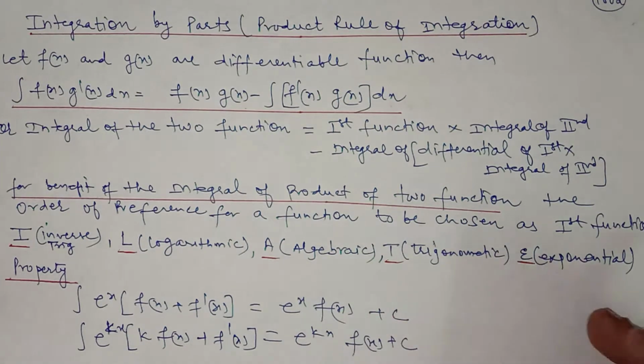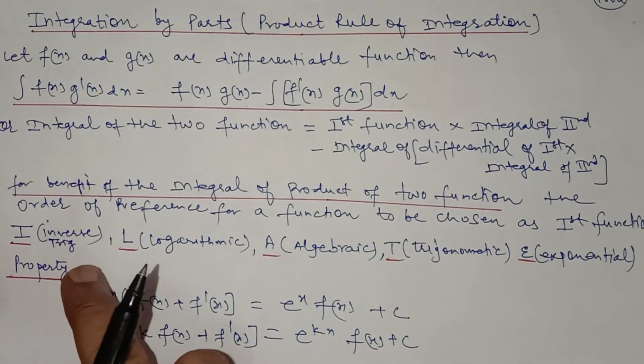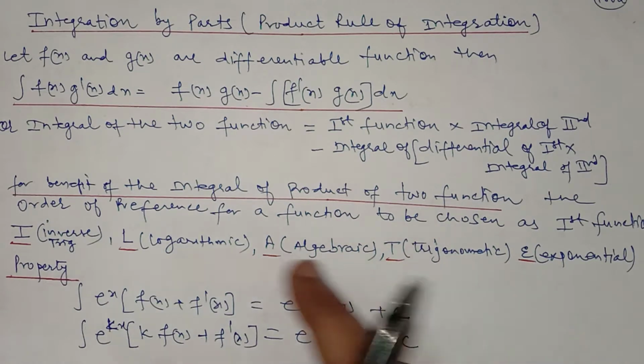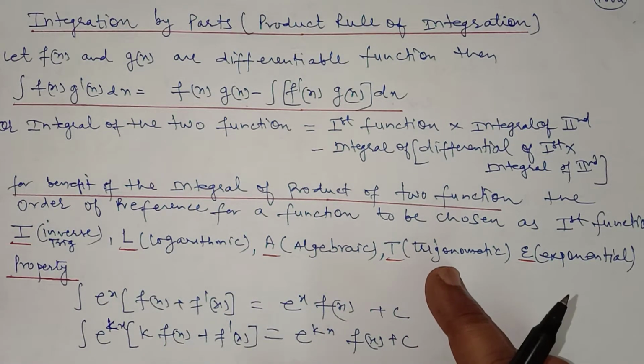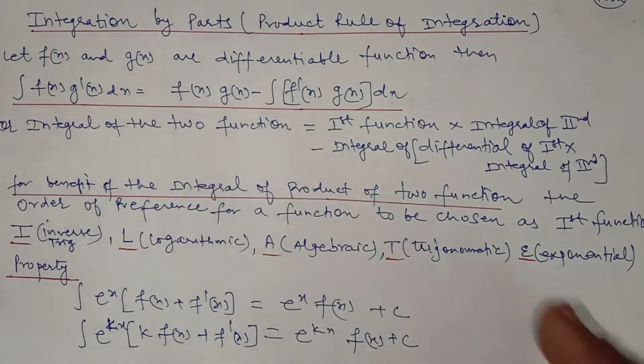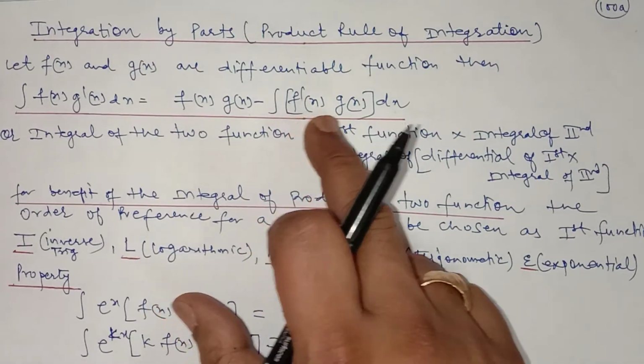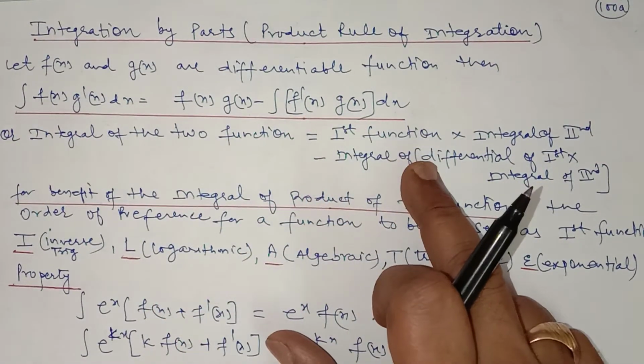It means that out of these, whichever function comes first, you have to take that function first. If we have logarithmic and trigonometric, then you take logarithmic first and trigonometric second. When you have exponential and algebraic, then you take algebraic as the first function and exponential as the second function. Then you will be able to do these integrations by parts easily.